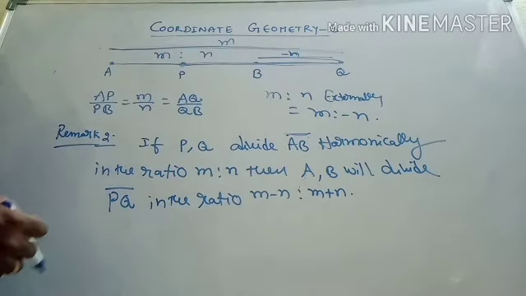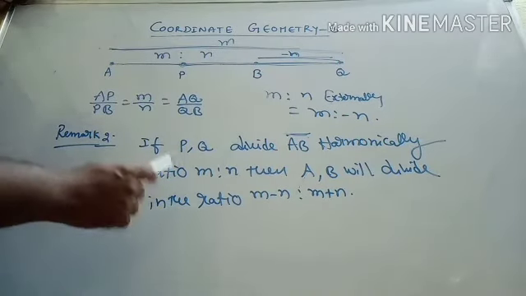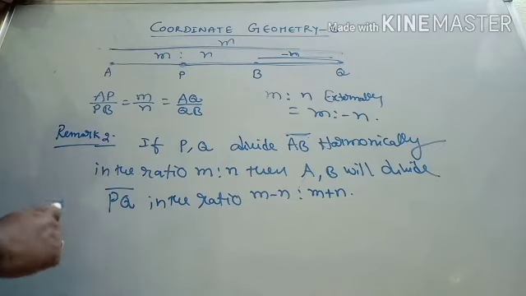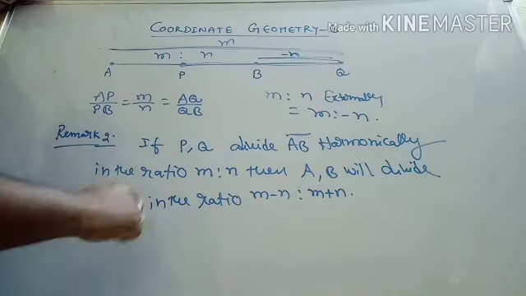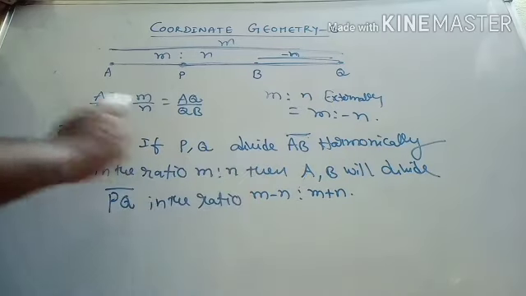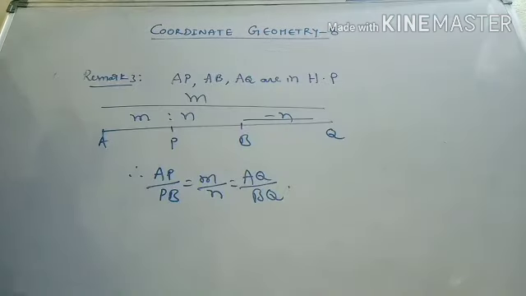That's why now we have got this. PQ is divided by the points A and B in the ratio m minus n is to m plus n. It is a very, very important result. You need to remember. Now, remark number 3.